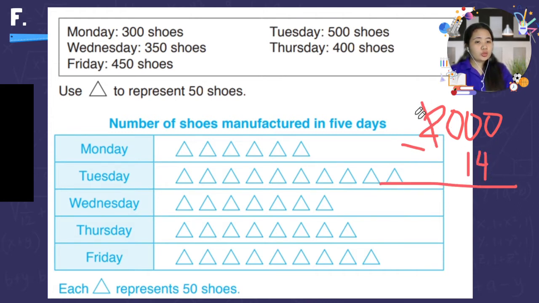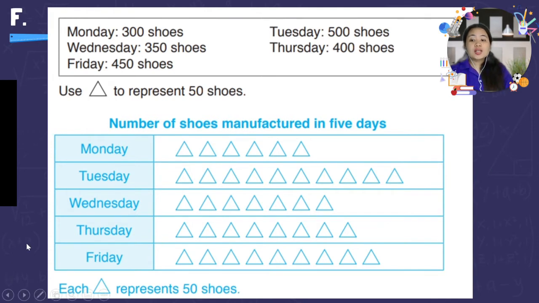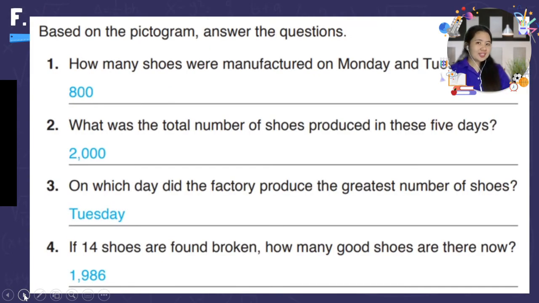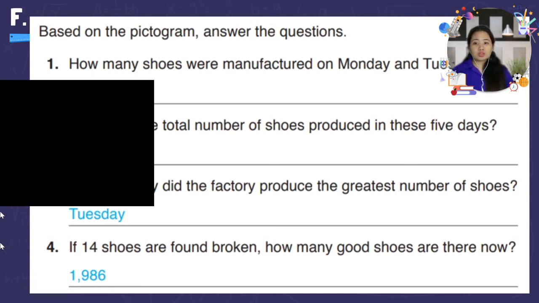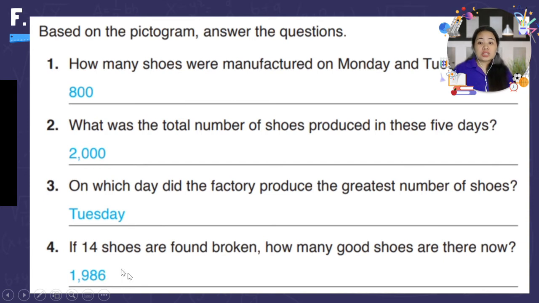So borrow, this will become 1, this will become 9, this will become 9, this will become 10. 10 minus 4 is 6. 9 minus 1 is 8. Bring down 9, bring down 1. So the answer will be 1,986. So the good shoes is all together 2,000 minus 14, that will be 1,986. So good job.